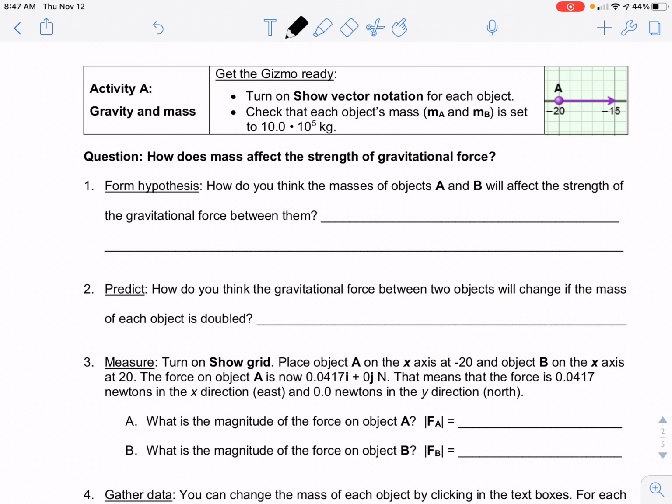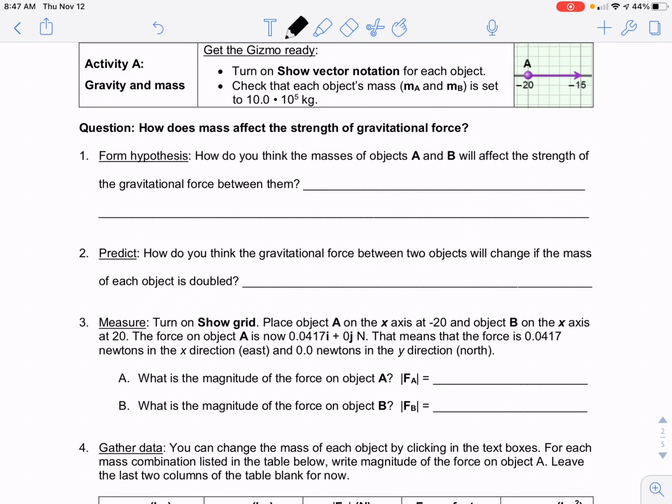Question: how does the mass affect the strength of the gravitational force? Form hypothesis. How do you think the masses of objects A and B will affect the strength of the gravitational force between them? And number 2, this is a more specific prediction. How do you think the gravitational force between objects will change if the mass of the object is doubled?